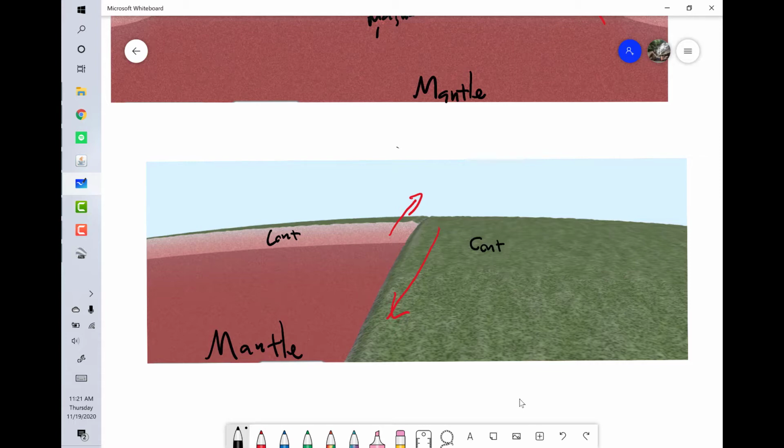So that's the information that you need. So hopefully you can finish up the post-lab questions for the plate tectonic simulation. There should be a Google Doc that you guys can edit. If you can print it out, that'd be great.